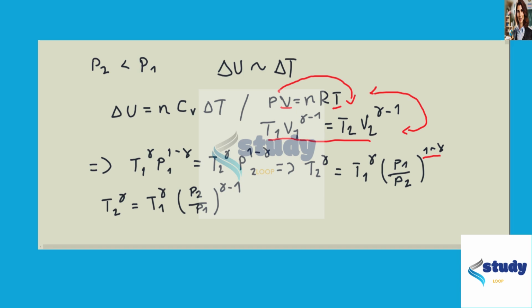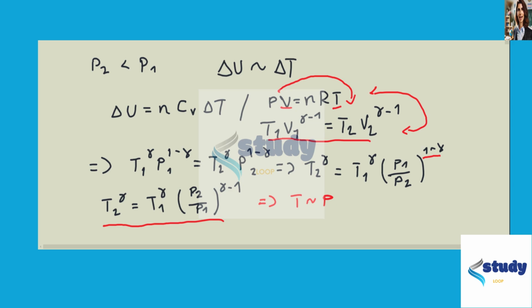And from exactly this expression, we see that there is no doubt that the temperature is directly proportional to pressure, so T is proportional to P, for the adiabatic process given here and any adiabatic process.